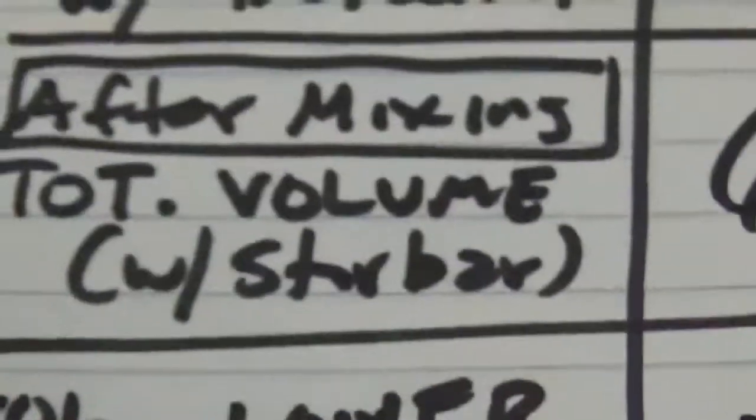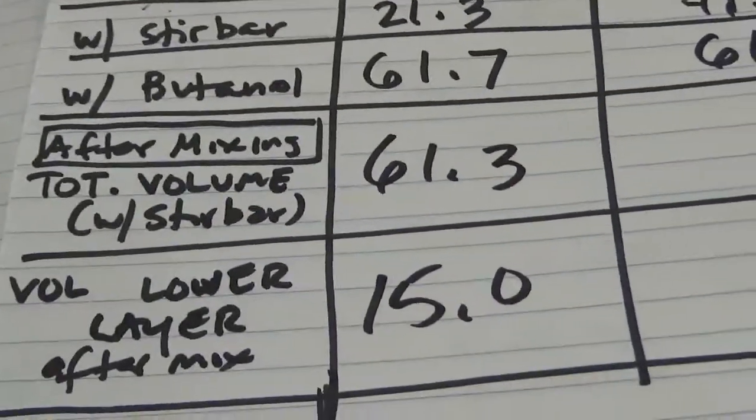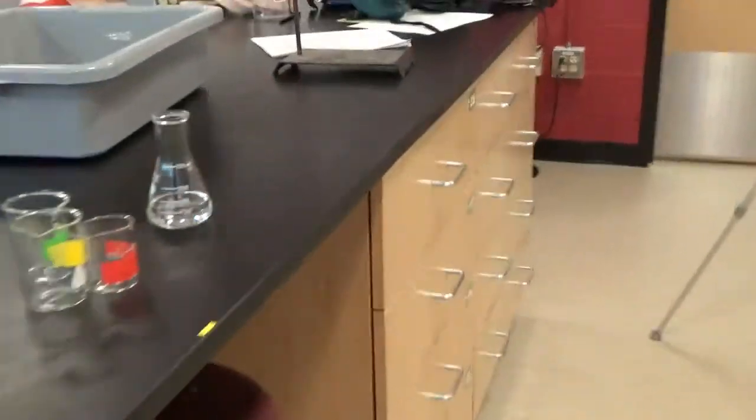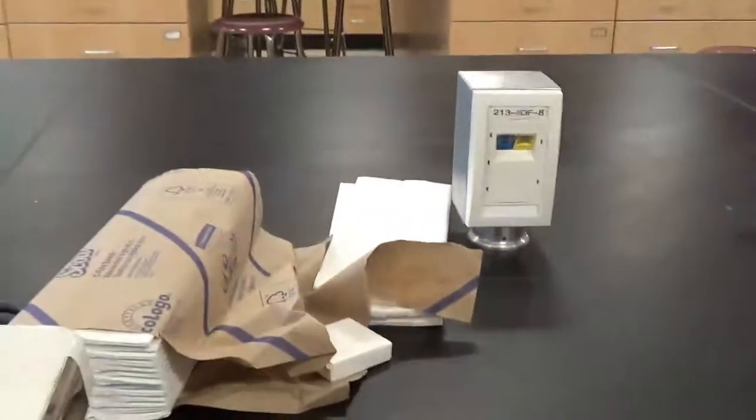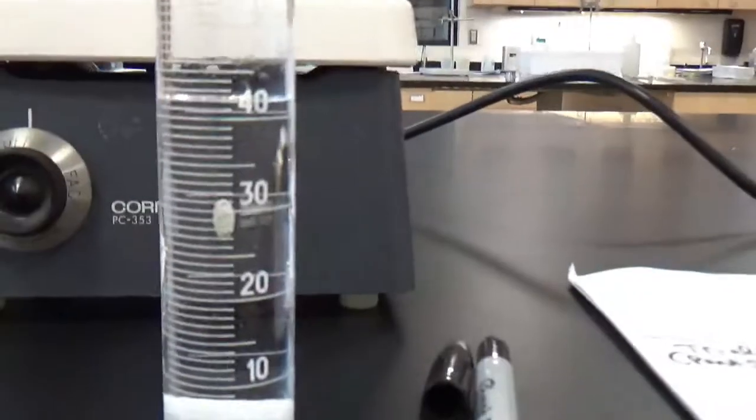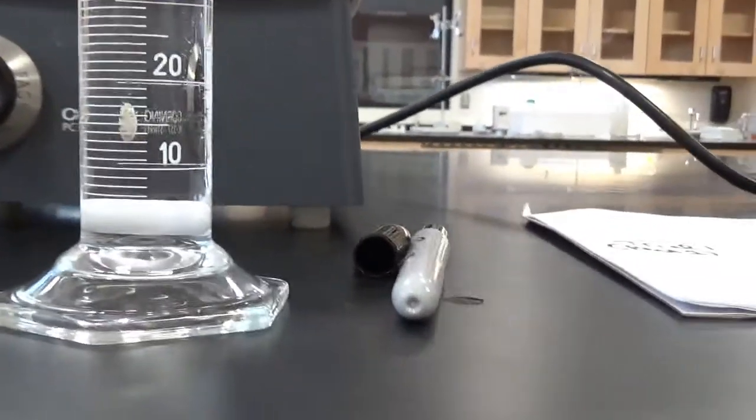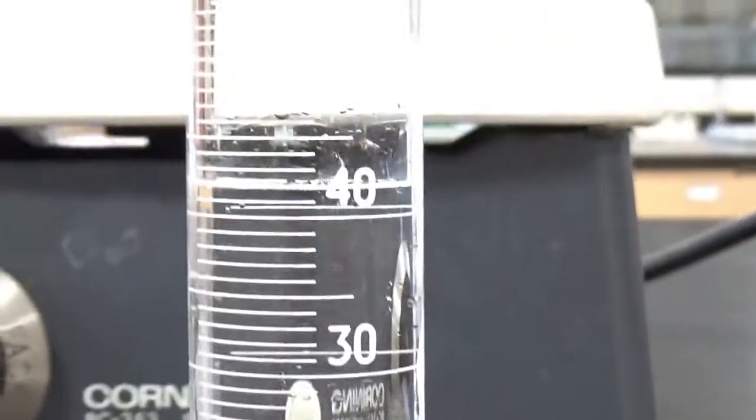Okay. All right, now I'm going to go and get the same type of data from trial 2. That bottom layer is a little higher up, so it's a little easier to see. But I have to get my eye right at that level.